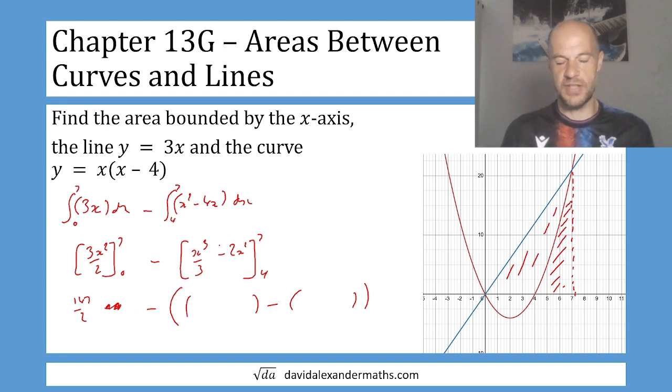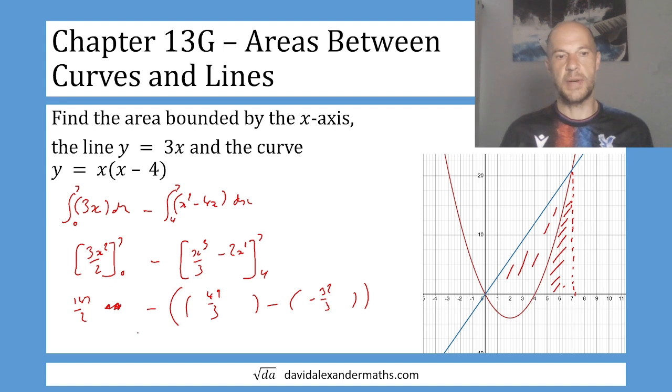First I'm going to put 7 through the function, so 7 times 7 times 7 divided by 3 minus 2 times 7 times 7, so that is minus 49 over 3. Now put 4 through it, so it's 4 times 4 times 4 divided by 3, take away 2 times 4 times 4, which is minus 32 over 3. So 49 over 3 plus 32 over 3 is 27.